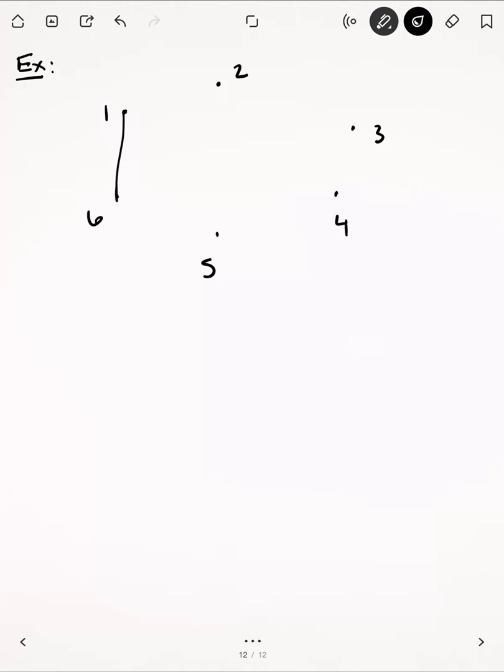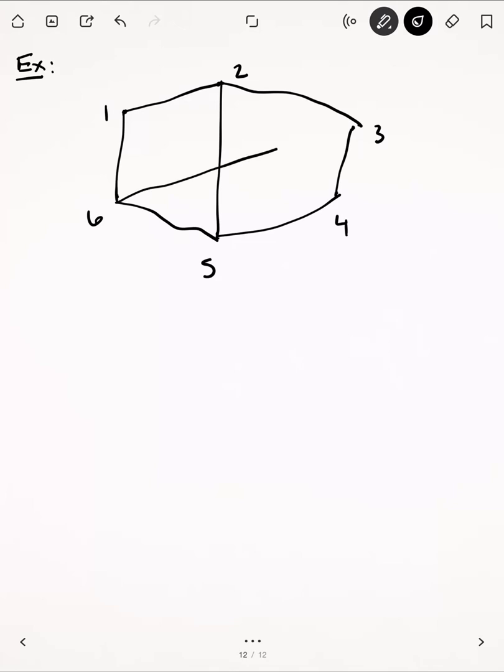The edges are between 1 and 6, 1 and 2, 6 and 5, 5 and 4, 4 and 3. Okay, so we get this nice little shape out here, but then 2 is connected to 5, 6 is connected to 3, and 3 is connected to 5. Okay, so that's the graph here.